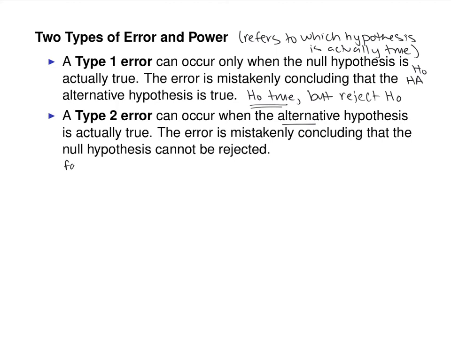So this is when you fail to reject H naught when you should. And a type 2 error can be a lack of data, because there might be a difference, but you might need a bigger sample size to actually observe that difference.